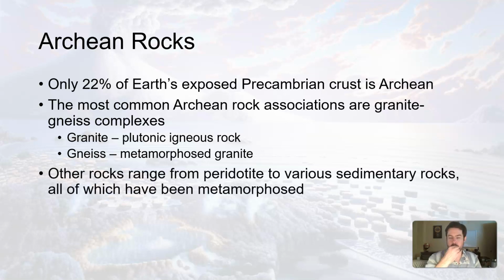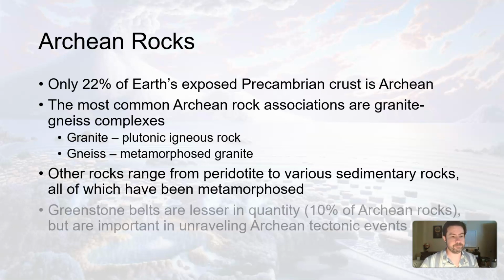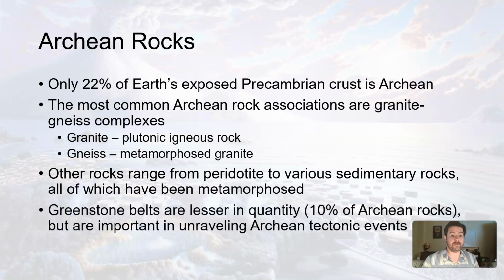Other rocks that we find from the Archean eon range from peridotite, which is a very mafic igneous rock, to various sedimentary rocks, but oftentimes which have undergone metamorphism. And then finally, some Archean rocks that we find are these things called greenstone belts. A little bit more in section 4 on greenstone belts.